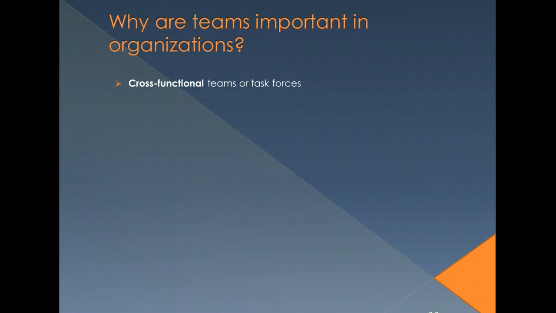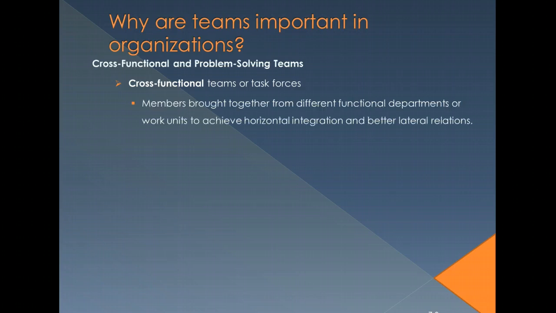Okay. Now, if we look at a cross-functional team or task force, that's when we pull members from different departments in the company. So maybe you have a cross-functional task force to create a new product. You're going to have someone from sales, marketing, accounting, engineering, and production, all meeting together to talk about the functionality and the strategy of creating this new product.